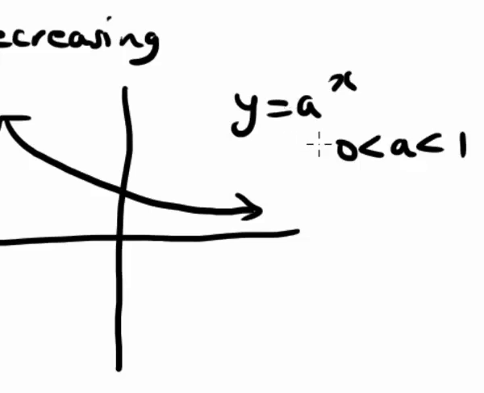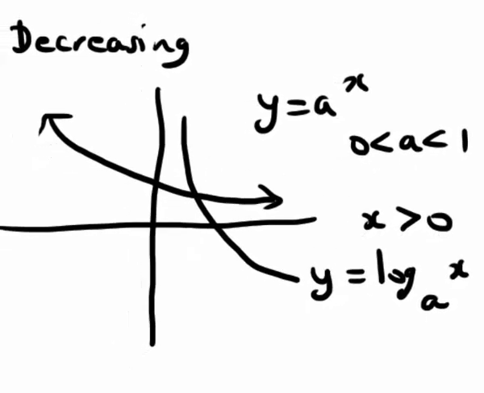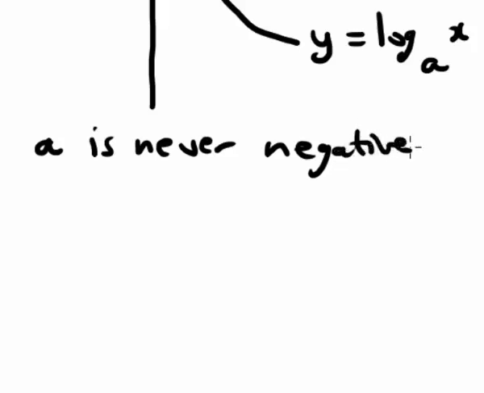And in fact, something else that's important: the log of x to base a, where your base is a fraction between 0 and 1, and again your x is positive. The other thing, just watch out, your base a can never be negative. The graph will never be exponential; it's actually a weird graph. So you'll never have something like this.